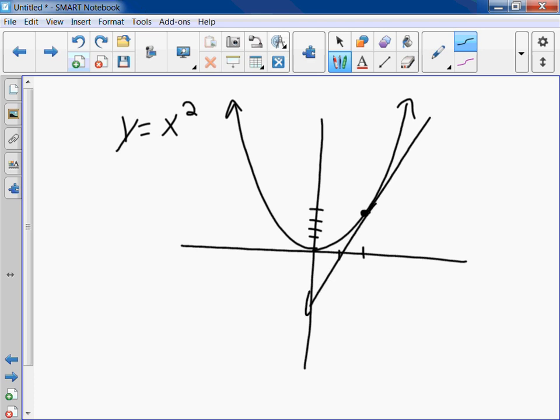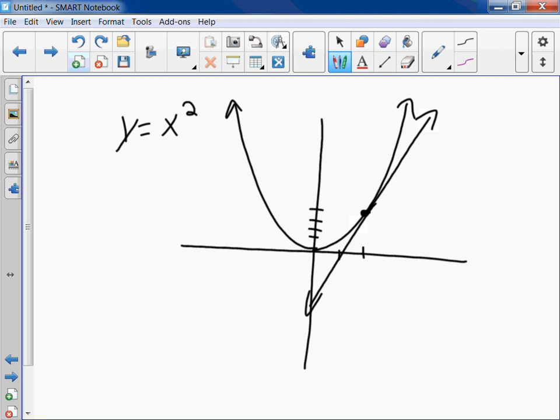Okay, can't find the slope, but I can find other points and evaluate that slope close to it. So, where do you want to start? Do you want to start left of the point or right of the point? Left? Okay, where do you want to start? Start at 0? Start at 1? Yeah, let's start at 1.